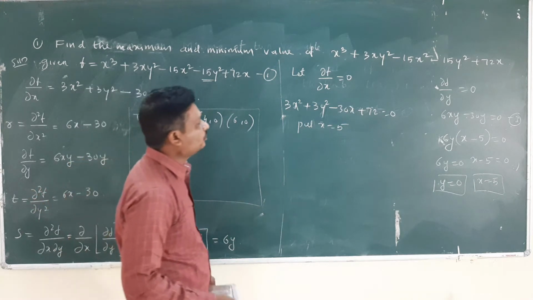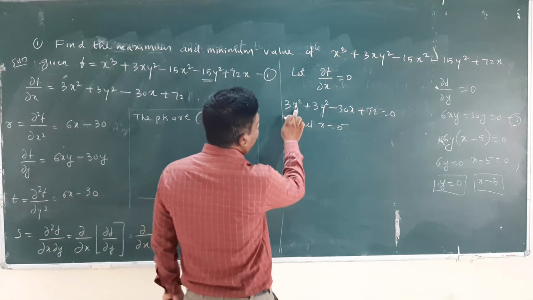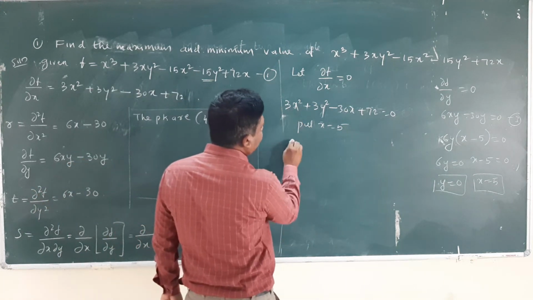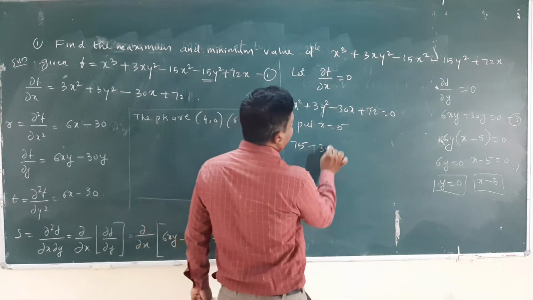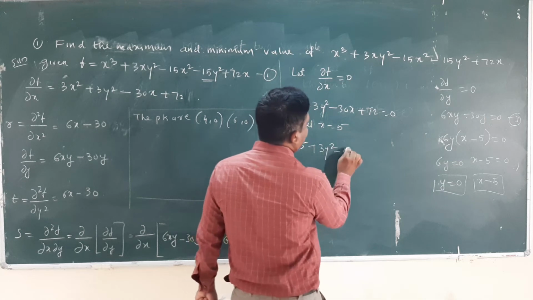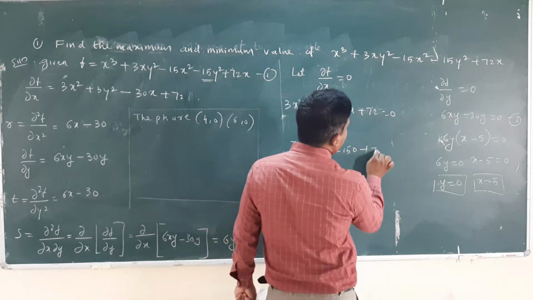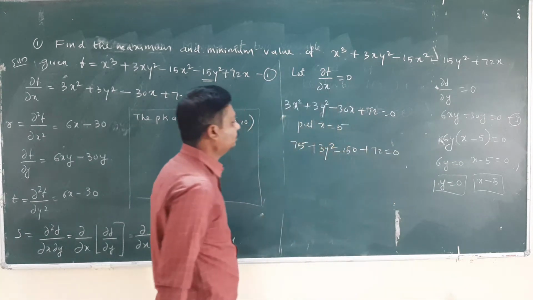If I put x equal to 5, this becomes 3 into 5 squared, 25 into 3 is 75, plus 3y², minus 30 into 5, 150, plus 72 equal to 0.